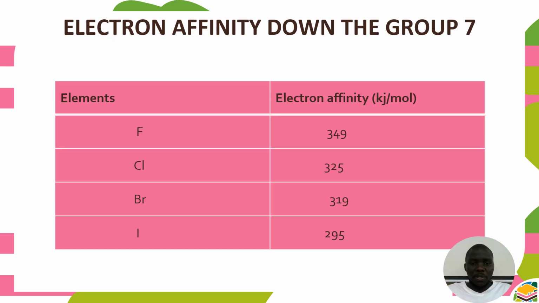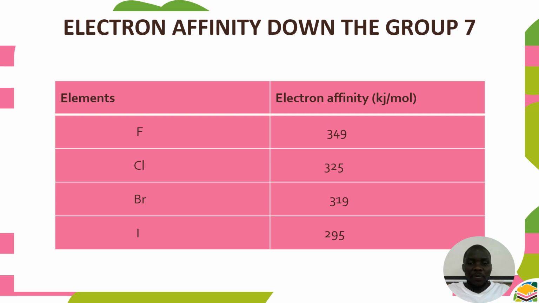So let us consider group 7 elements. We should check on electron affinity values. In group 7 we have fluorine, chlorine, bromine, and iodine. Electron affinity values: fluorine has 349 kilojoules per mole, chlorine has 325 kilojoules per mole, bromine has 319 kilojoules per mole, while iodine has 295 kilojoules per mole.